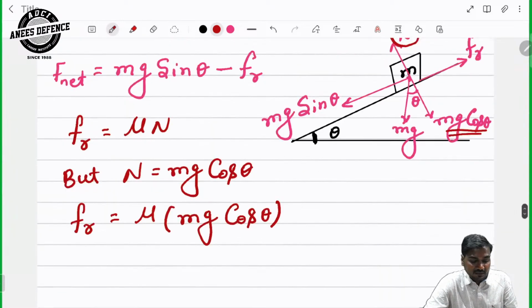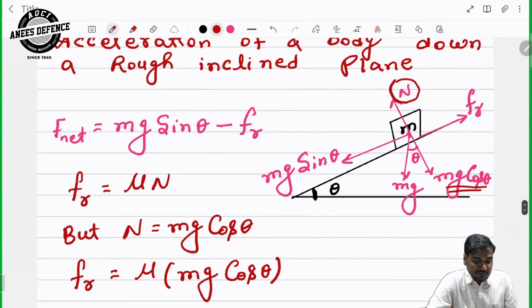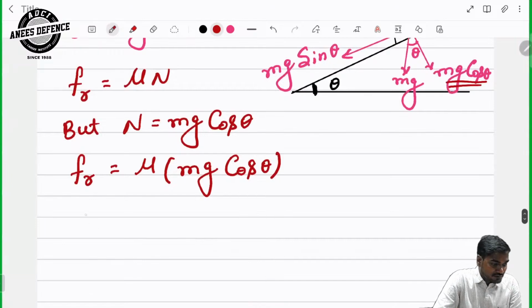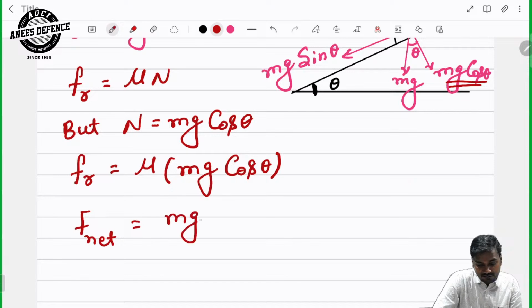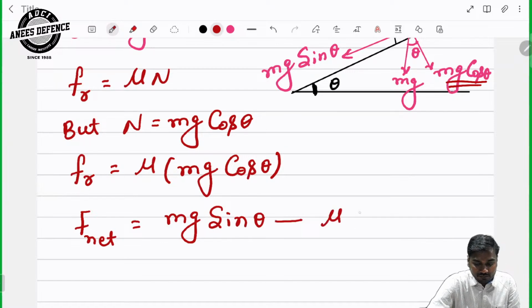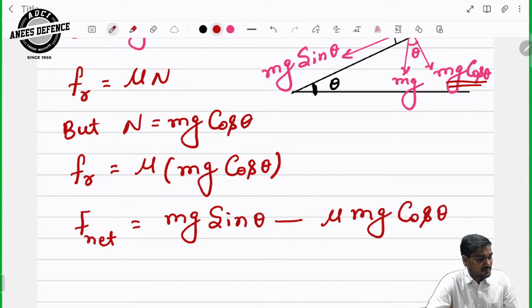Is it clear? Next you have to calculate the net force. The net force is equal to mg sin theta minus the friction force, which is mu mg cos theta.